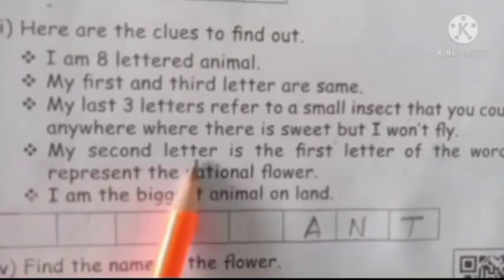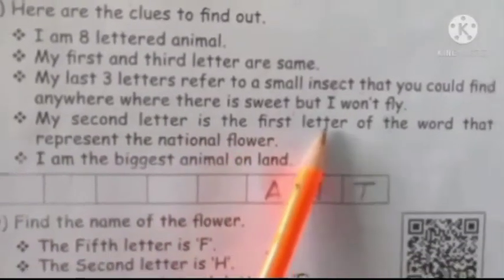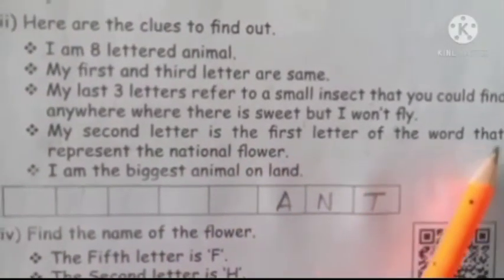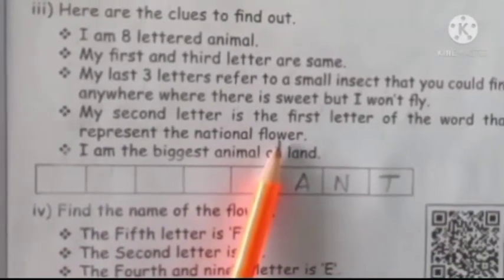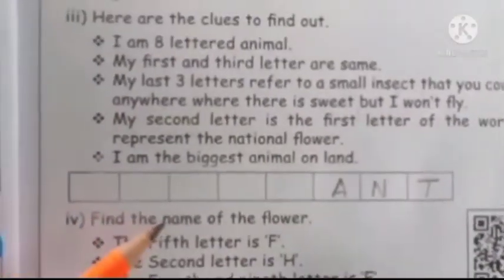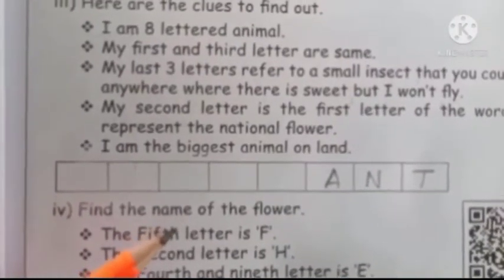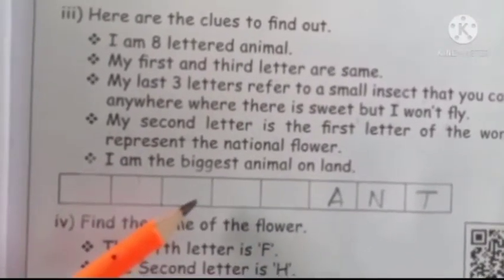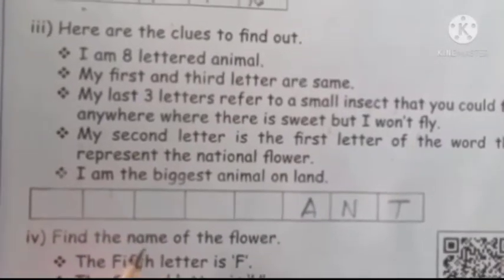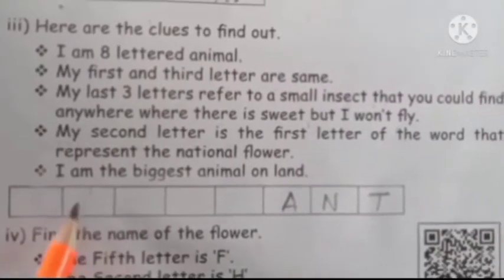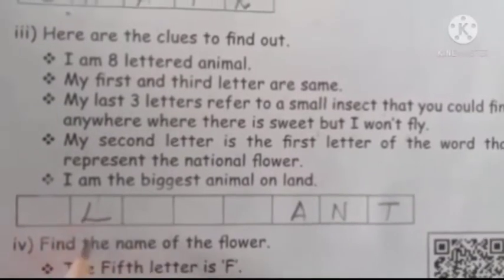My second letter is the first letter of the word that represents the national flower. Children, our national flower is lotus. The first letter of the word is L. So, we have to write L in second place.